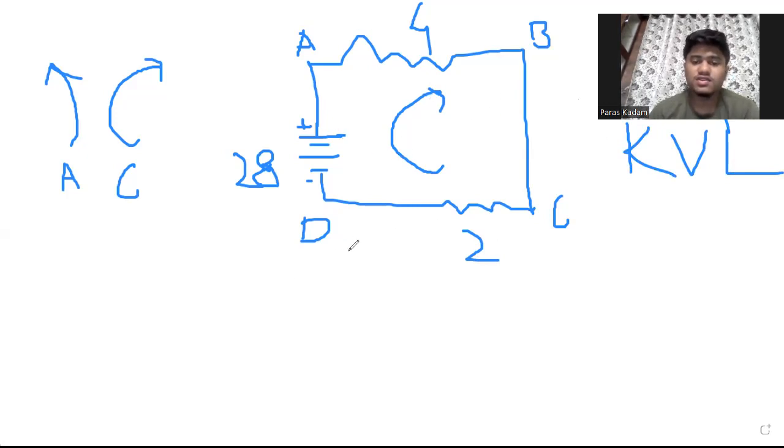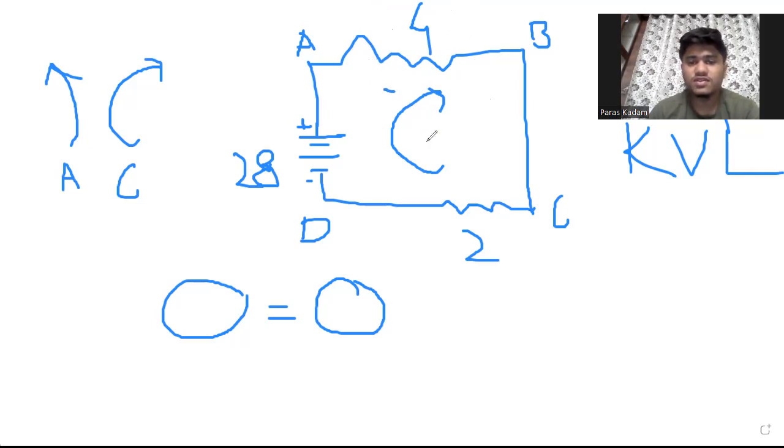In this law, on this side we write all products of current and resistances, and on this side we write all voltage sources. The current is going in a clockwise manner, so first it comes through the 4 ohm resistor.